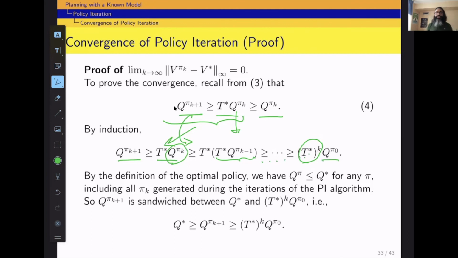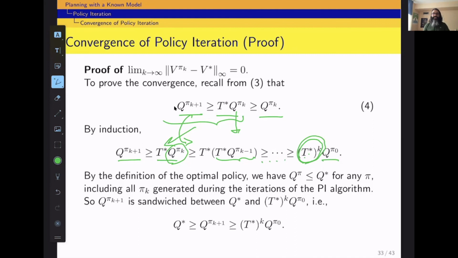So I'm connecting Q of pi k plus 1 to Q of pi 0. And the connection is through this k times application of T star. Okay, so that's one fact.